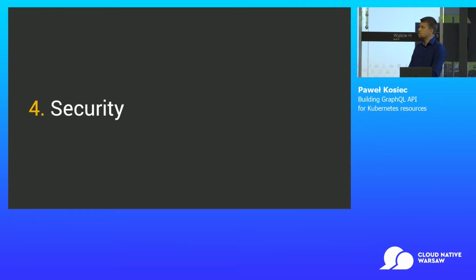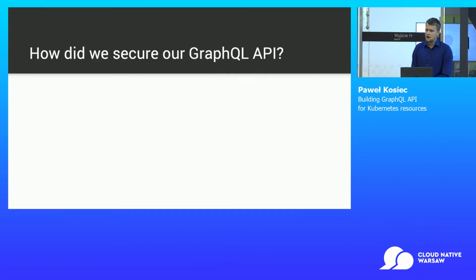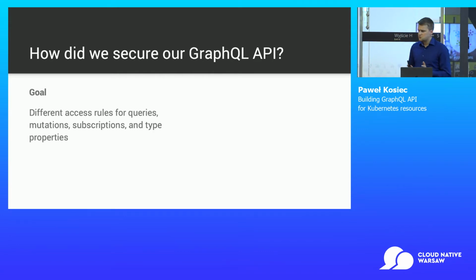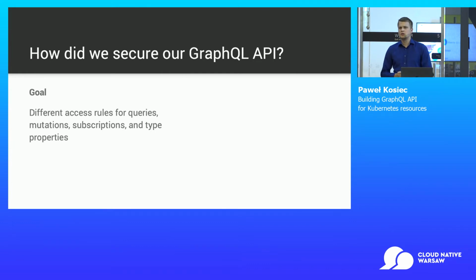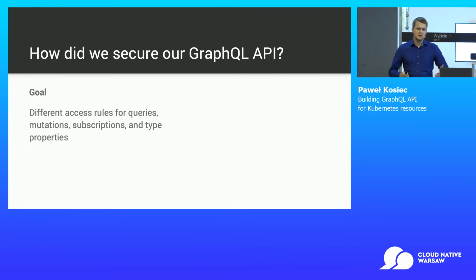Now it's time for talking about security, and how we secure our GraphQL service. What we wanted to achieve is to limit access to different queries, mutations and subscriptions based on the resource.